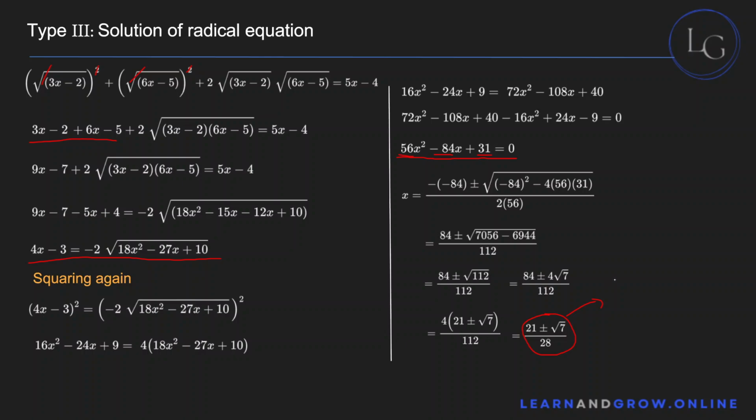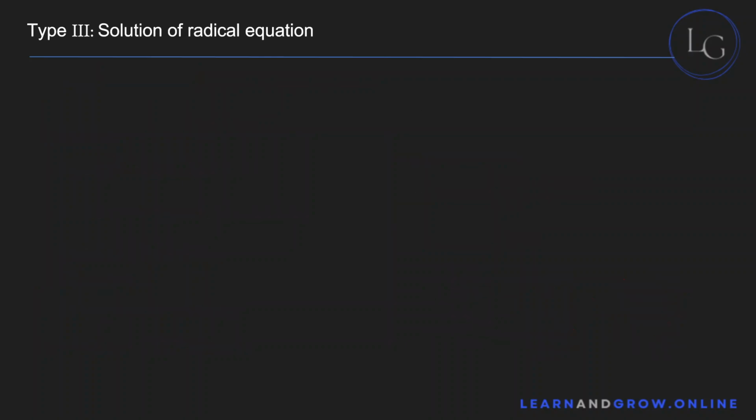One solution is 21 plus under root 7 over 28, and the other solution is 21 minus under root 7 over 28. So now you must check for the extraneous roots, because remember, these radical equations are deceptive and devious.